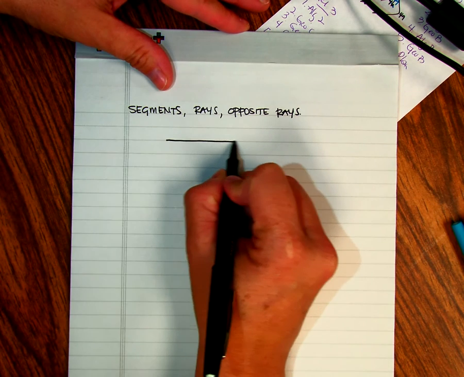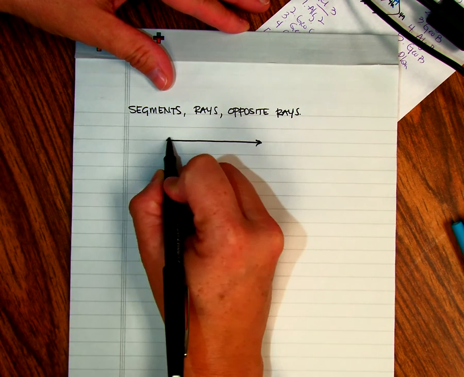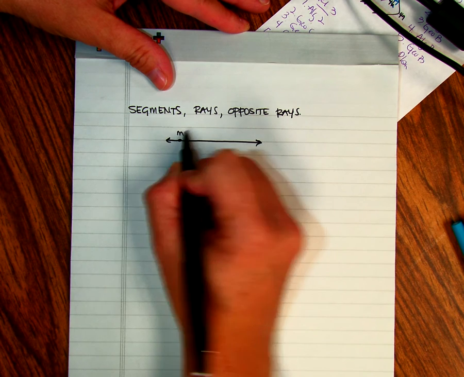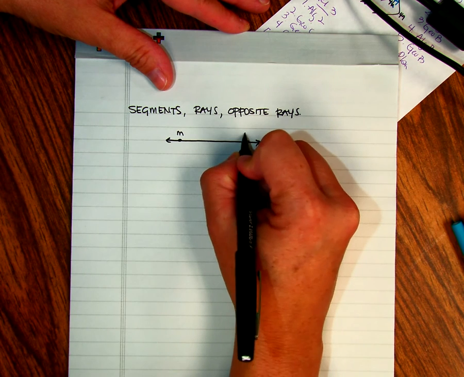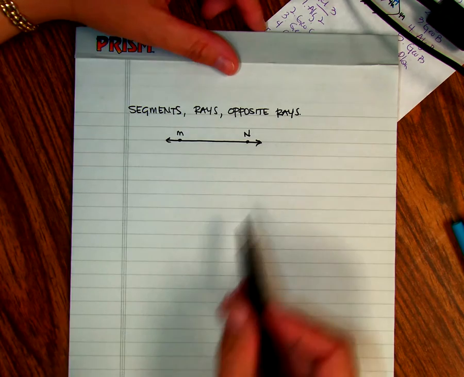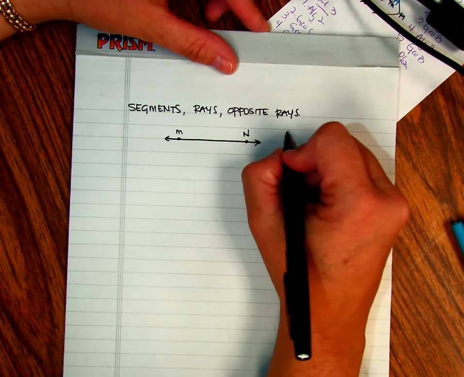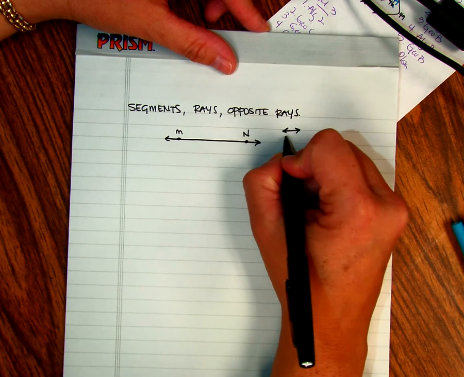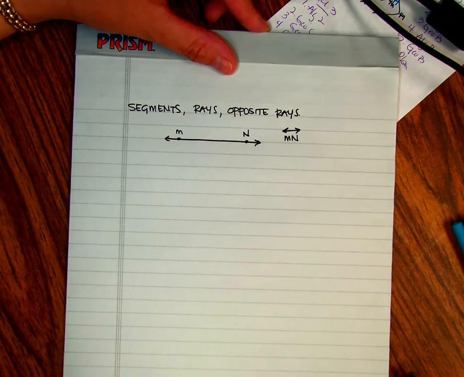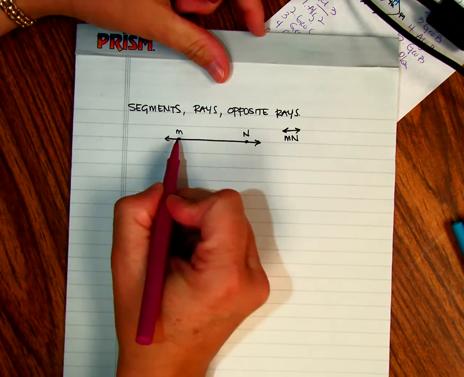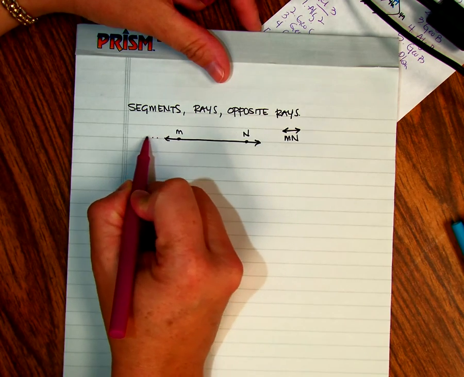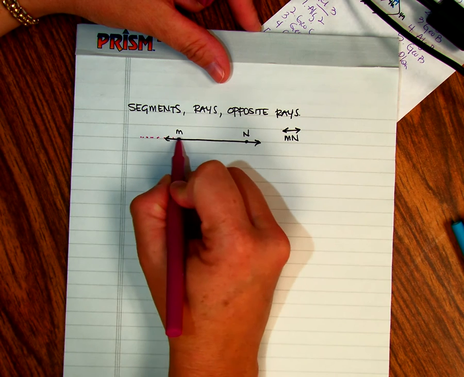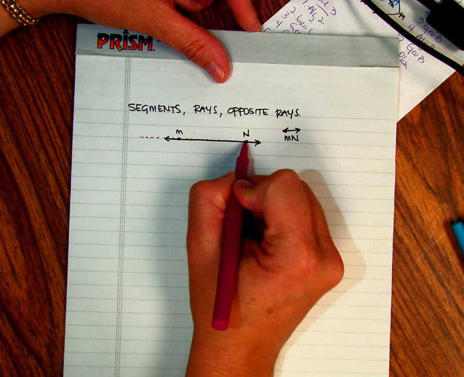So if we have line MN, okay, and line MN would be talking about all the points forever and ever on this line.